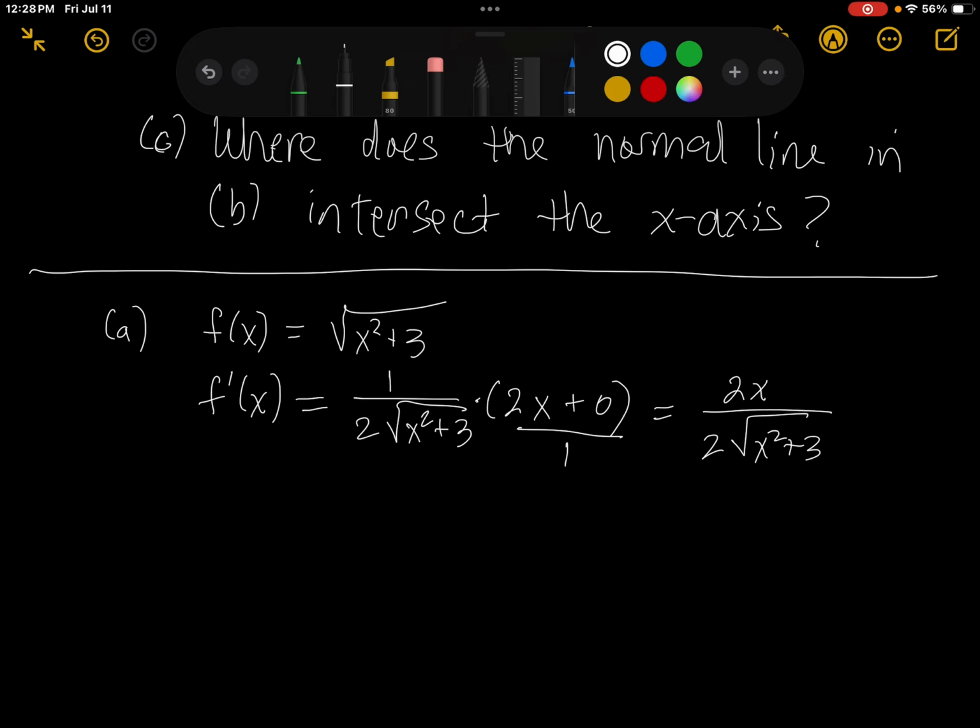And now I can simplify this a little bit, because what I have is 2x over 2 times the square root of x squared plus 3, and I'm multiplying the numerator and the denominator by 2. And if you do that, you don't change the fraction. So this is going to equal x over the square root of x squared plus 3.